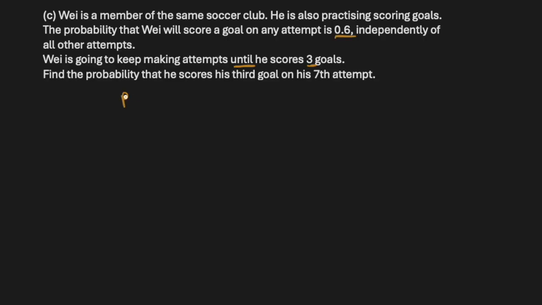So the probability of success for Wei is 0.6, and the probability of failure is 1 minus 0.6, which is 0.4. We want a success on the 7th attempt. That means 1, 2, 3, 4, 5, 6, and this is the 7th, and it is surely to be 0.6.